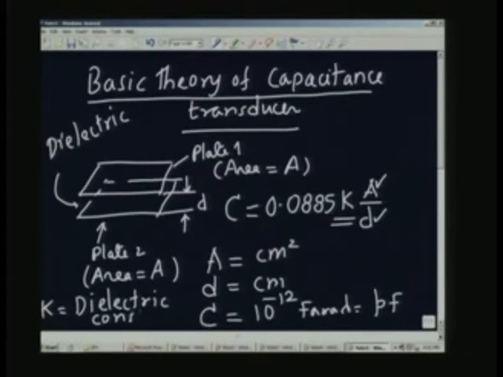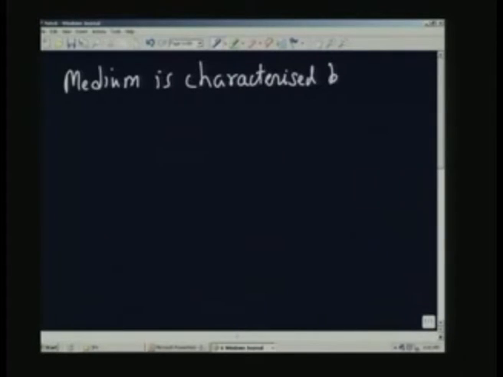And let me just digress a little bit and look at what this dielectric constant is. This is the ratio of two things. It is also called the dielectric ratio. So, any medium is characterized by what is called the permittivity.